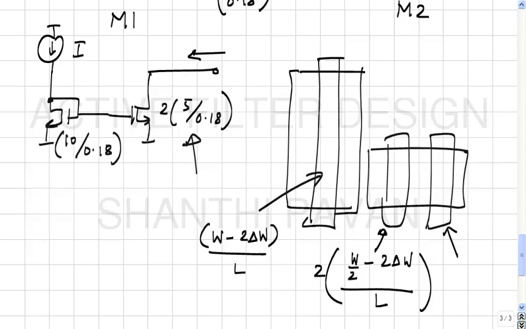You understand? So you will find in most schematics, and the moment you find on a schematic something like this, you know that it's not been thought out properly, because you should never have odd numbered fingers. You understand? Always stick to an even number of fingers, right?